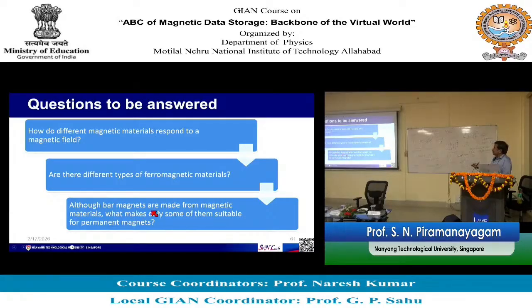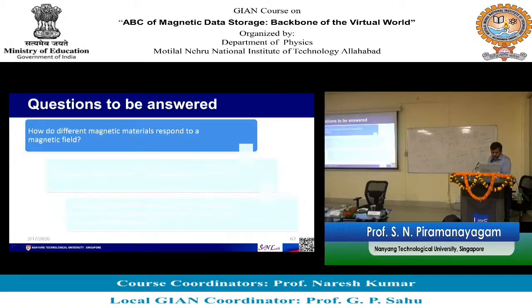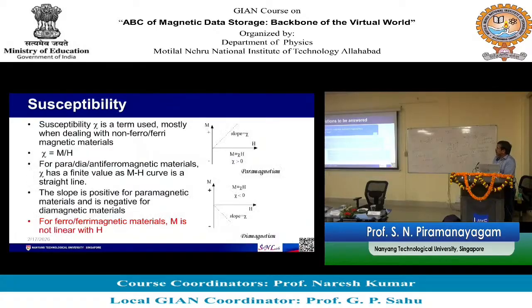We will also learn why certain materials are permanent magnets, and why certain materials are not permanent magnets. These are some questions we will answer moving forward. Let us go to the first question first. How do different materials respond to a magnetic field?